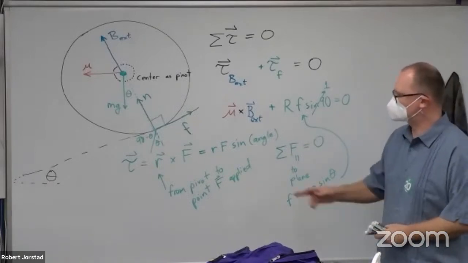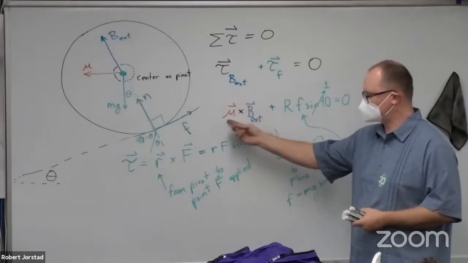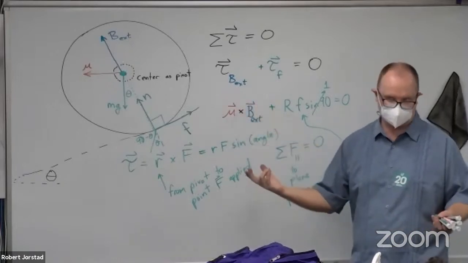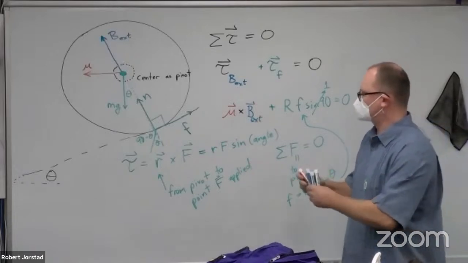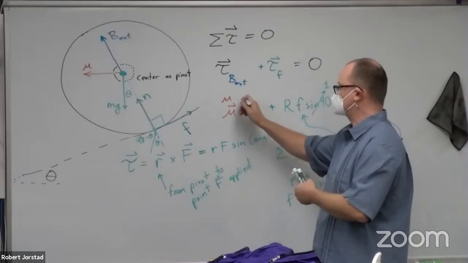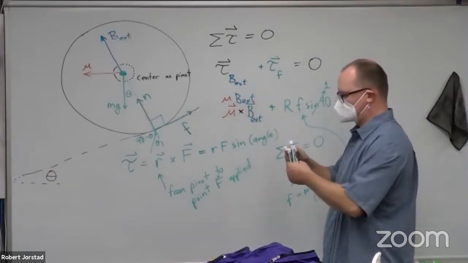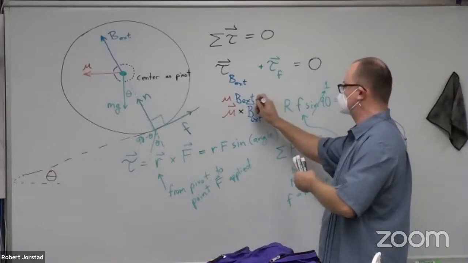Help me out. What's mu cross B going to be? Whenever you have a cross product, it's always this times that times angle between, right? Well, that's going to be mu B external, B external times what? Sine of what?